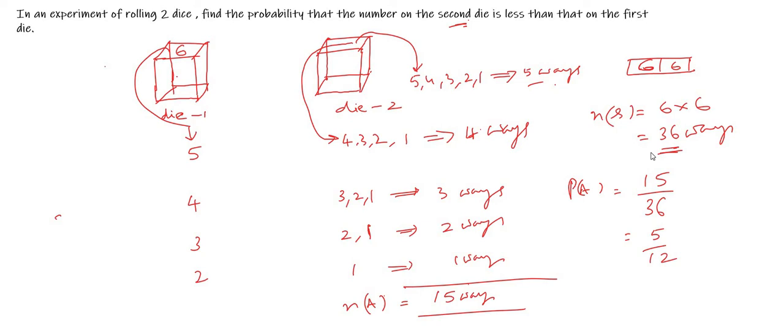But the given condition is about the first die. When we are throwing these 2 dice, call one the first die and the other the second. So see the number on this and see the number on that. The second die must be less than the first one. Therefore the total favorable is 15. 15 by 36, which is 5 by 12, the required probability. So hope you understood. We'll stop here.